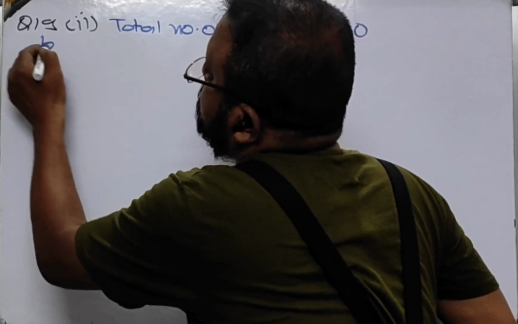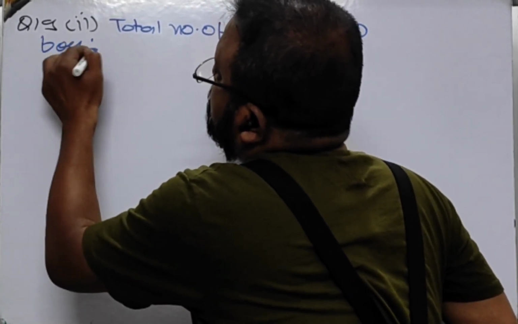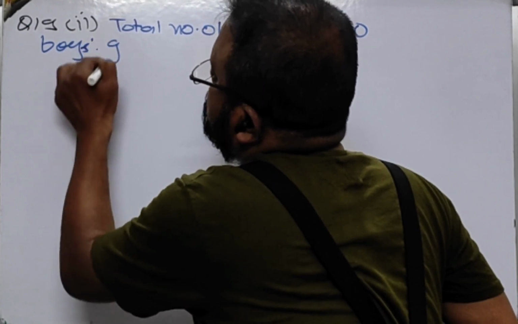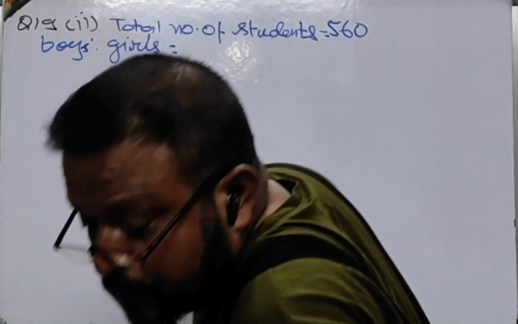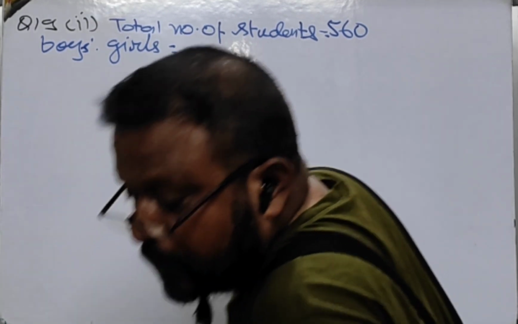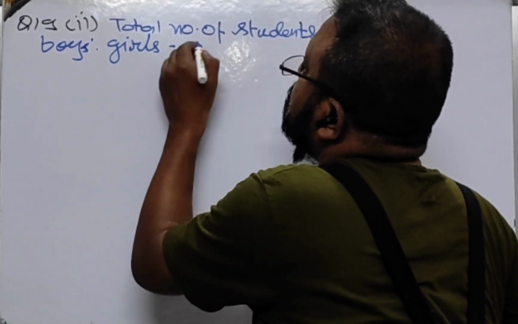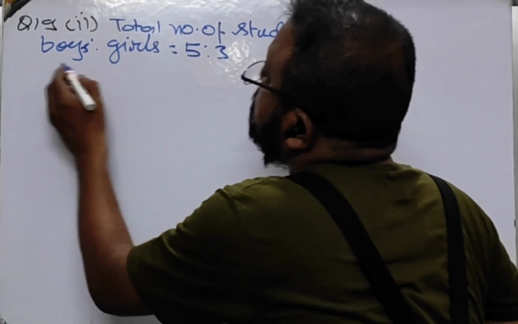And boys to girls ratio is how much? 5 to 3.